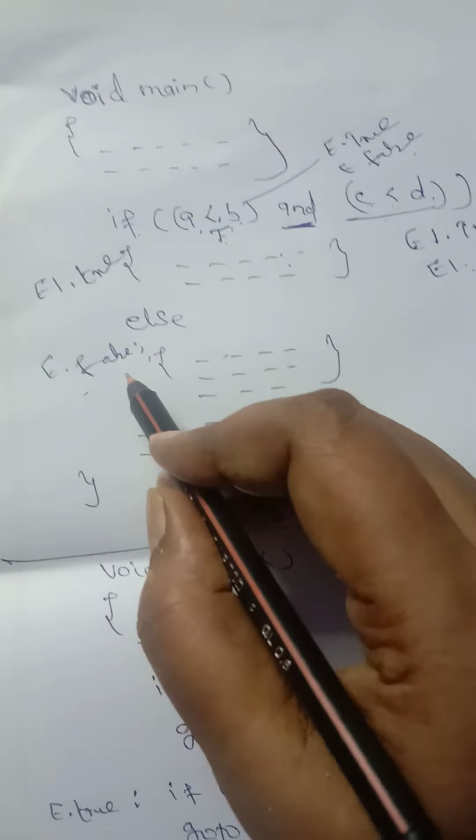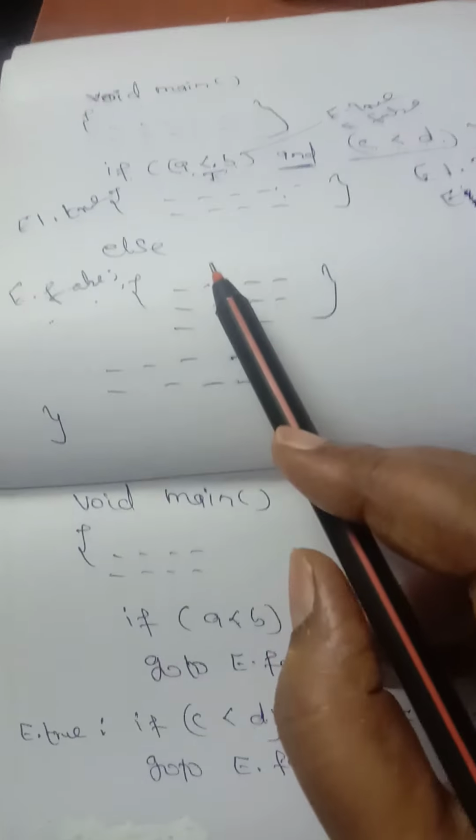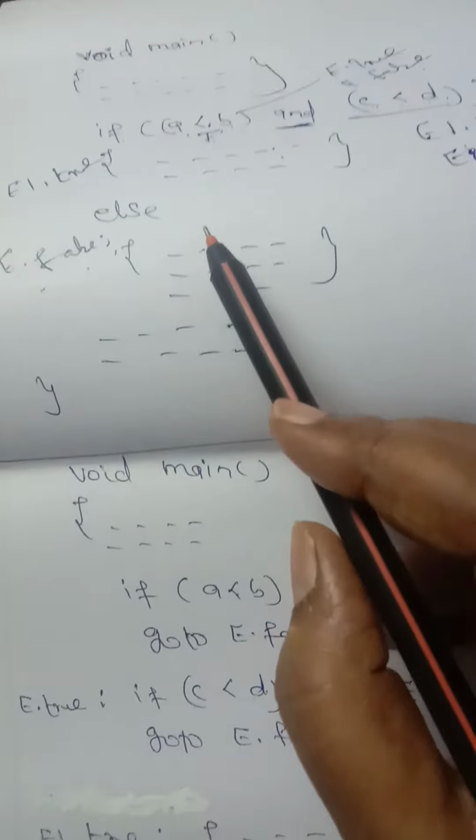What is E1 dot true? That is the statement of the if, this part. If the condition is satisfied, we execute this part, which is called E1 dot true. After that it comes to this part, which is called S dot next.